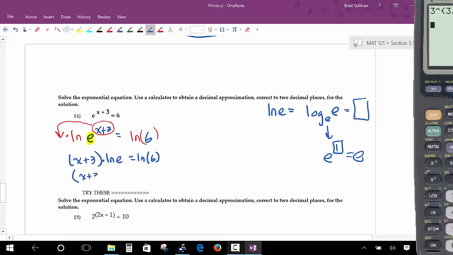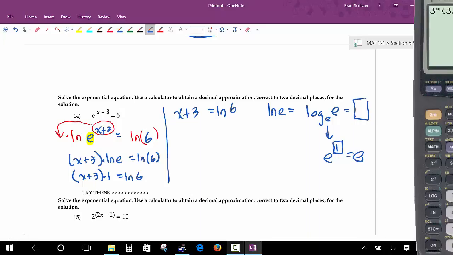So we're just going to replace that with 1. You have x plus 3 times 1 equals ln of 6. You don't want to have to rely on your calculator to do ln of e. That's 1. So what you're going to have is x plus 3 on the left side equals ln of 6. And then what do you do to finish? Move the 3, right?